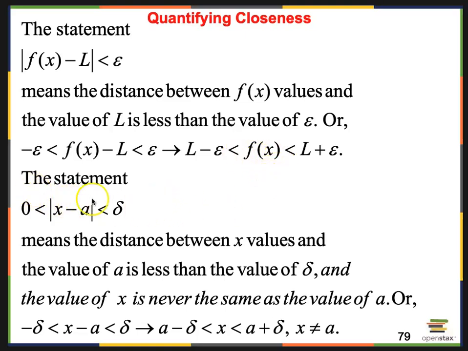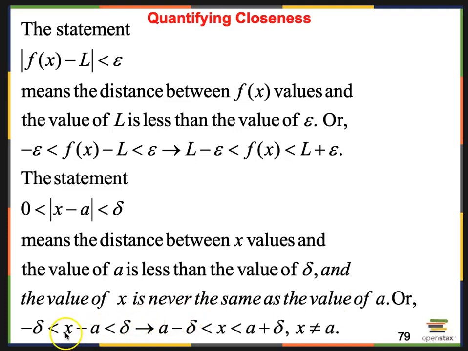Okay, and the statement. So here we have the absolute value of x minus a is greater than 0 and less than delta. That means the distance between the x values and the value of a is less than the value of delta, and the value of x is never the same as the value of a. Remember, that was in our definition.